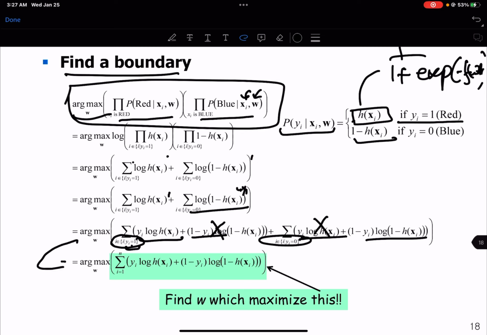So this max function can be written in this form.